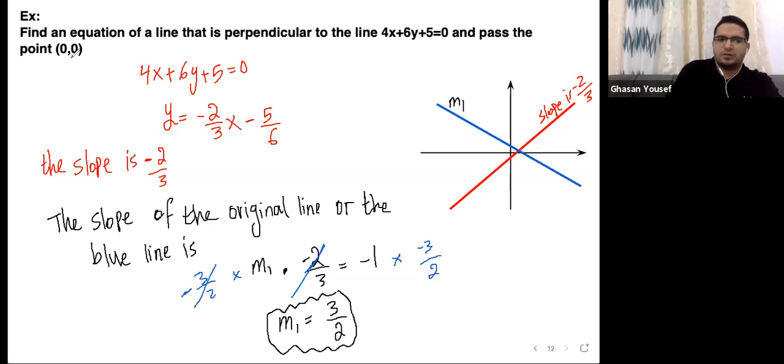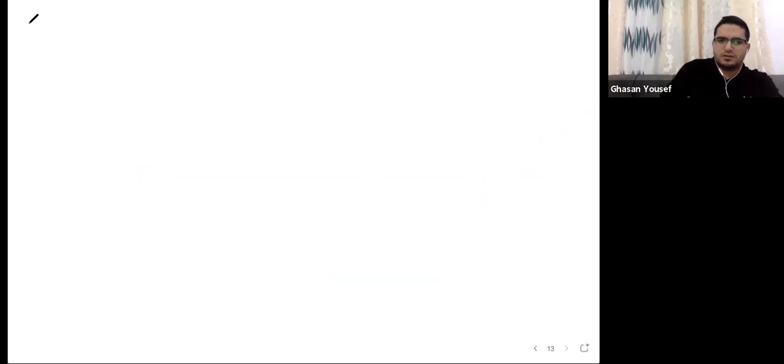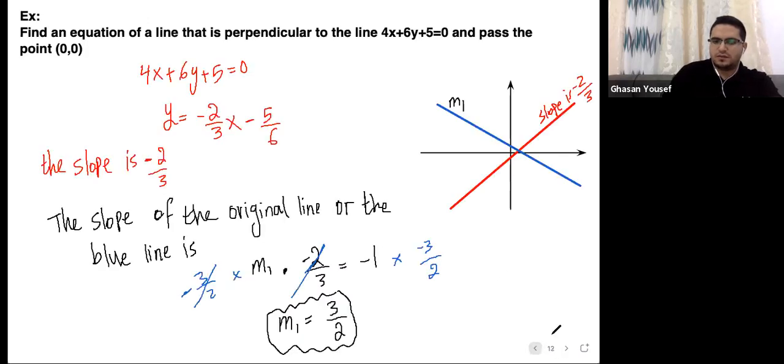Now I have a slope and I also have a point, so I can find the equation of the line. The point is 0, 0, and the slope for the blue line is 3 over 2.